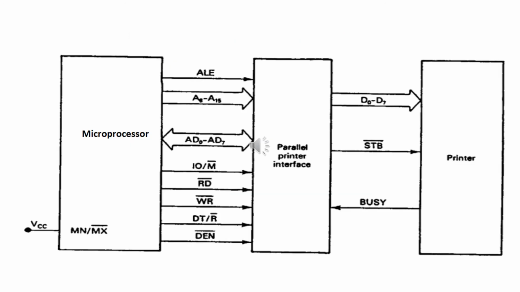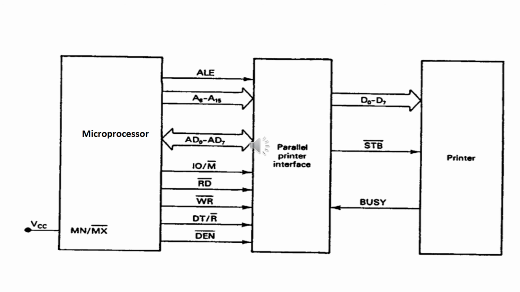This is the block diagram of connecting the printer to the microprocessor using PPI, that is 8255. You can see that MN/MX bar is connected to VCC, that means your microprocessor is in maximum mode. Now the address latch is connected to PPI. Addresses are given here. AD signals, that is data lines, are connected.